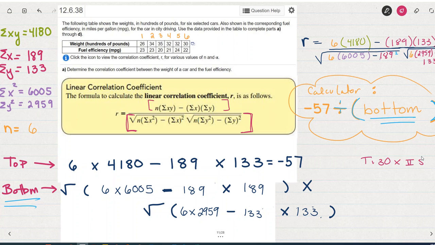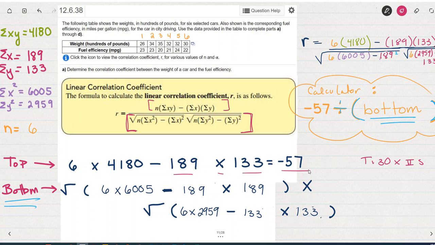So what I'm going to type is 6 times 4,180 minus 189 times 133 equals, and I would get this negative 57 because my calculator does the order of operations. Check your calculator, ensure that you're getting the same result, and make sure that you know how to get that result with your calculator.